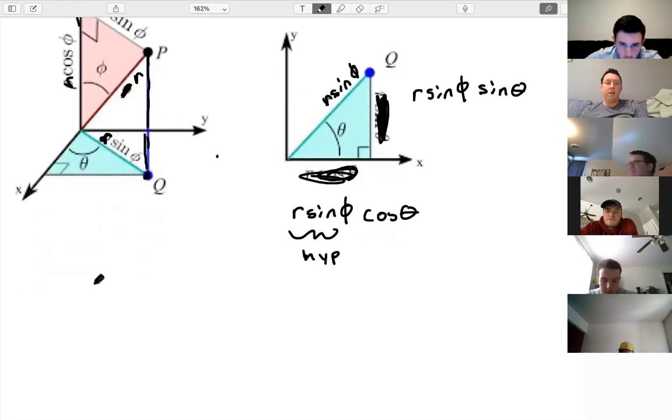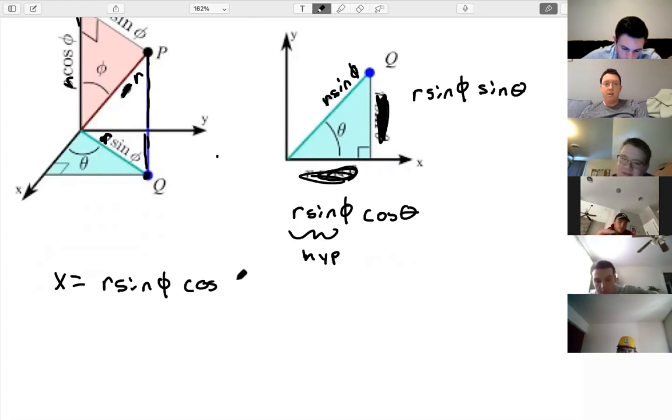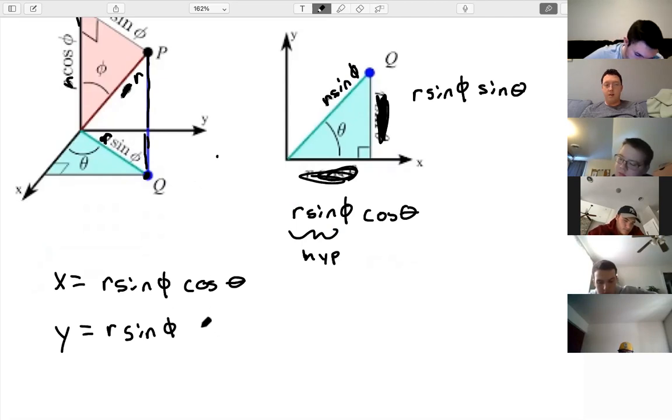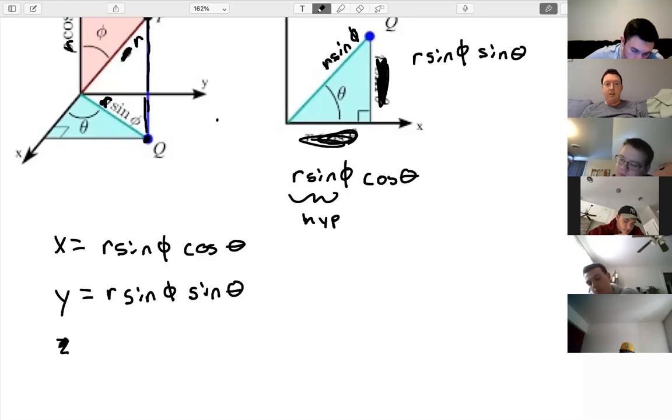So when I pull it all together, I'm going to get that x equals r sine phi times cosine of theta. y equals r sine phi times the sine of theta. And z, we already had above, so I'll just rewrite it, is r cosine phi.